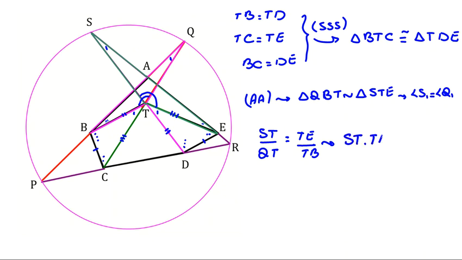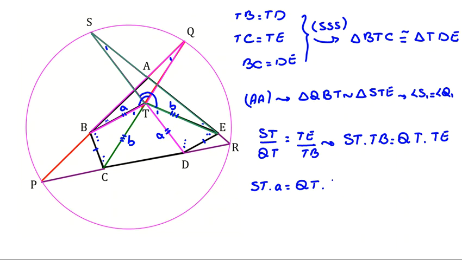If we cross multiply, ST times TB equals QT times TE. Let's consider something. We call this length A, this length will be A, this length B, this length B. So ST times TB, TB is A, so ST times A equals QT times TE.